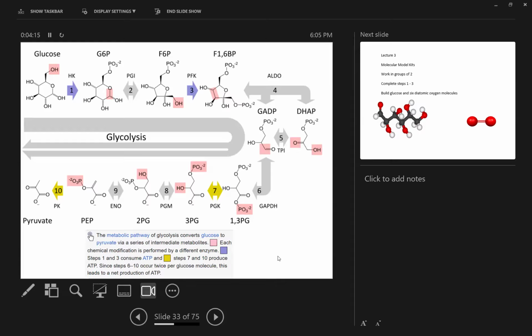So before we go on, any questions about glycolysis, if you had a chance to review the notes? And everyone's good with where glycolysis takes place? Where would you say?